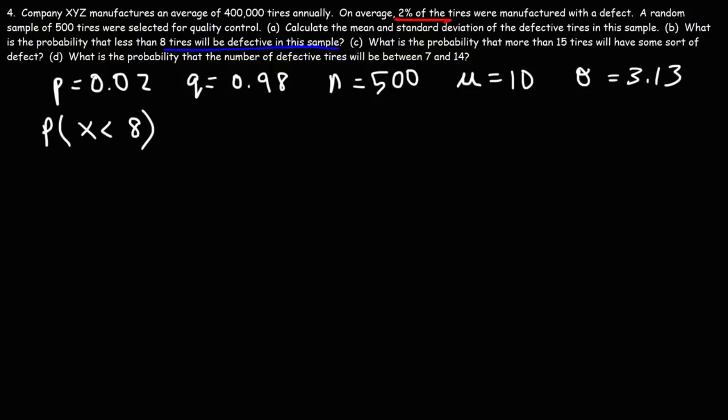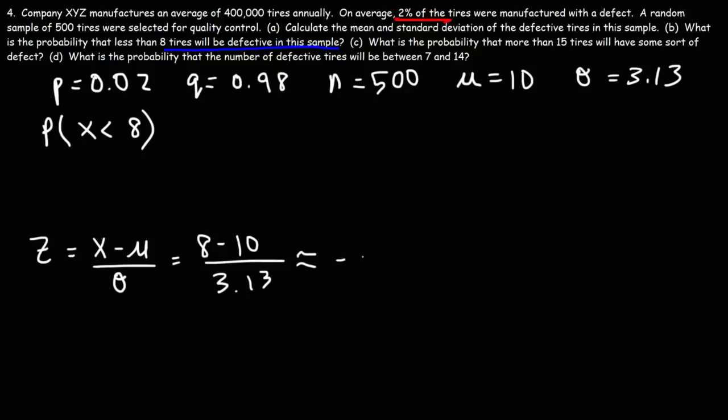So we need to use the z-table, but first we need to calculate the z-score. So z is going to be x minus the mean divided by the standard deviation. X is 8, the mean is 10, and the standard deviation is 3.13. So 8 minus 10 is negative 2. Divide that by 3.13. This will give us a z-score of approximately, if we round it, negative 0.64.